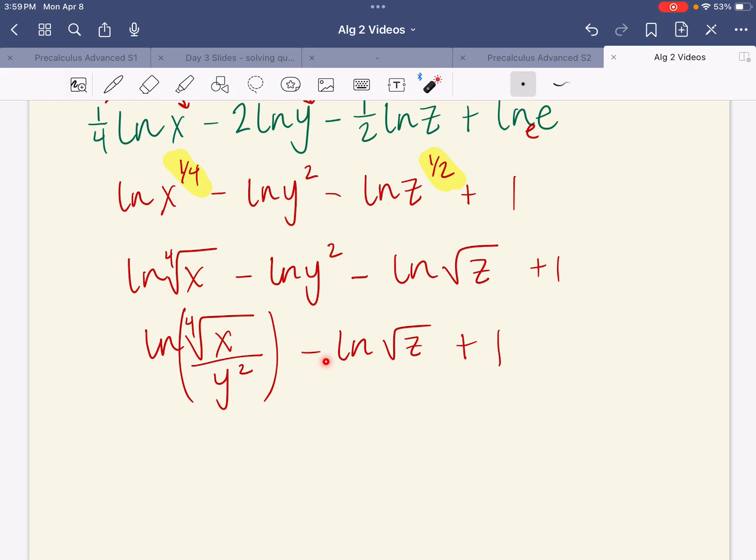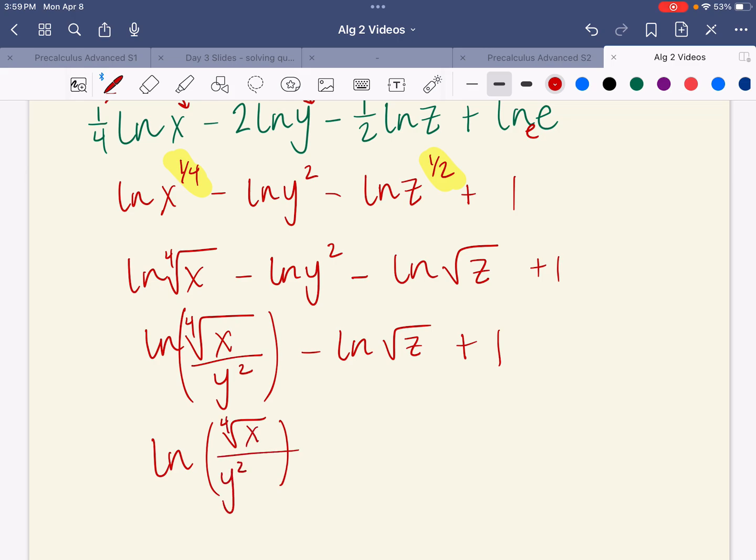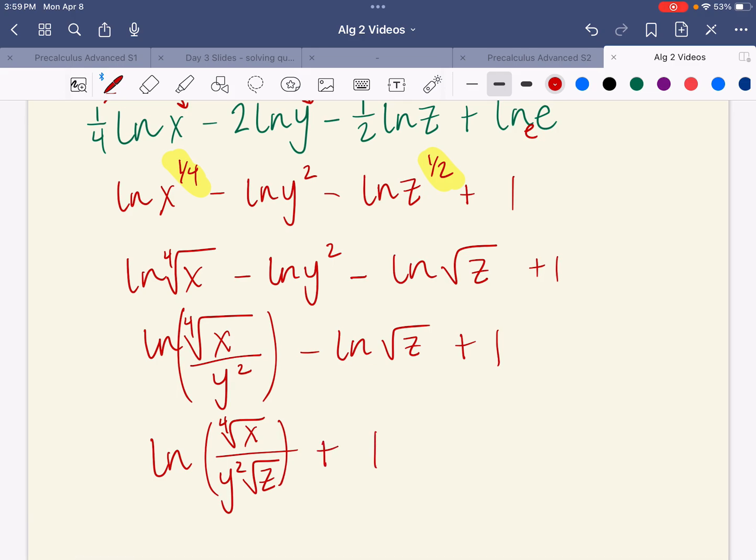So now I'm dividing again by the square root of z. I don't want a triple stacked fraction. If you're going to be dividing by the square root of z, it's the same thing as multiplying by 1 over the square root of z. So it would be in the denominator. And then the plus 1 is outside of the argument, but there's no way that I can actually simplify that right now.